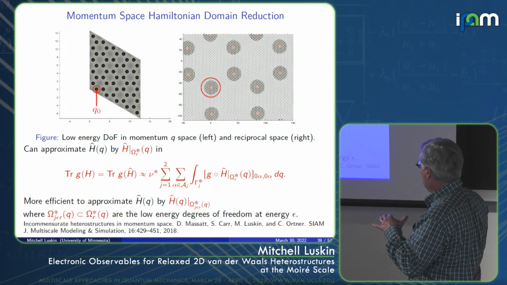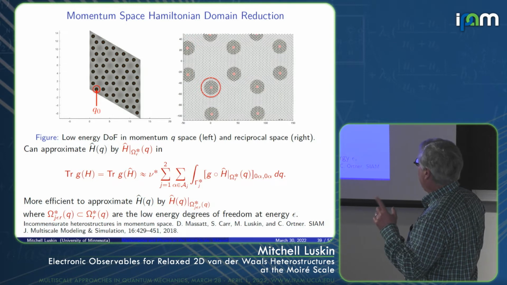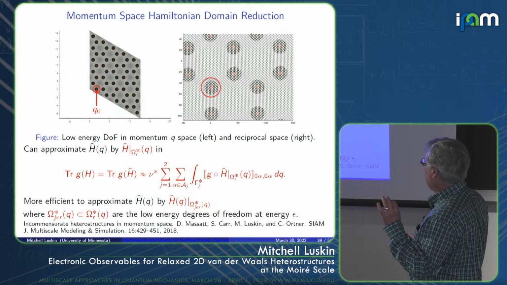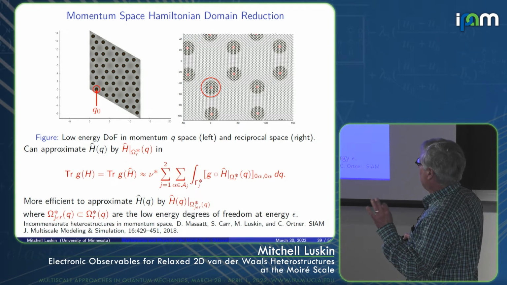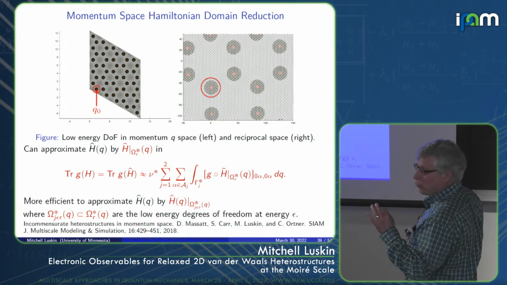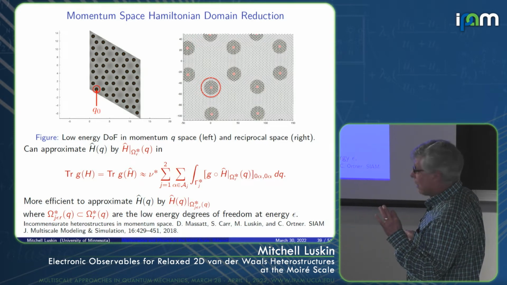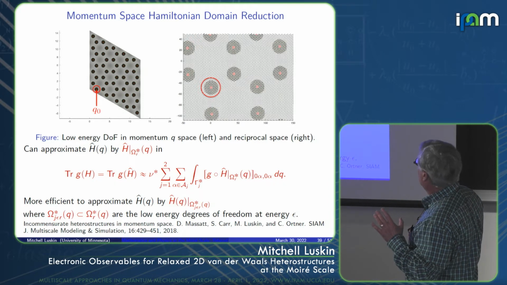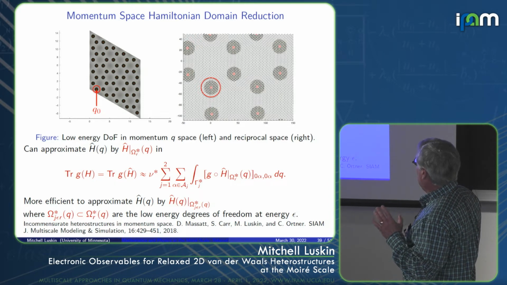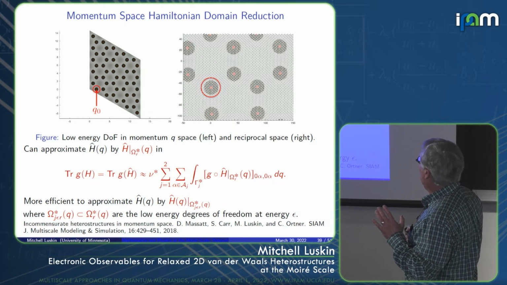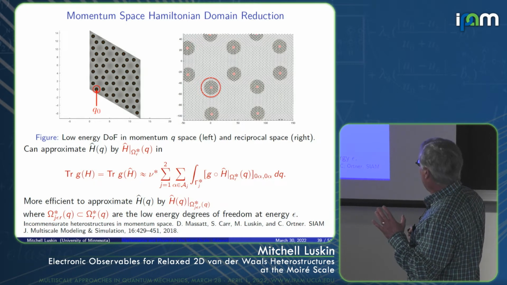Now, I haven't taken advantage of the fact that if I'm only interested in a certain energy region, say around those Dirac cones, then only certain parts of reciprocal space are relevant. So we can literally truncate our matrix. We really only need to look at much smaller problems.